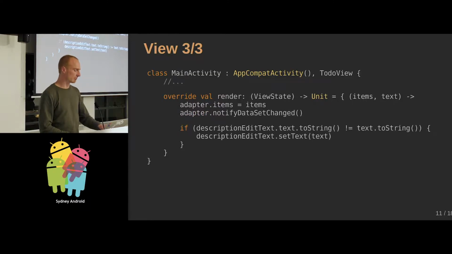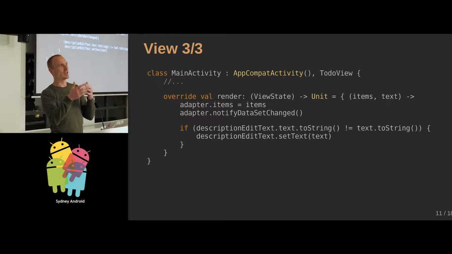So here we do something slightly interesting, which is we check the current value of the description before we update it. And this is something you'll run into when you build reactive UIs: you're emitting new data to the view. But for instance, with EditText, if the data is the same and you update it, you still lose state.